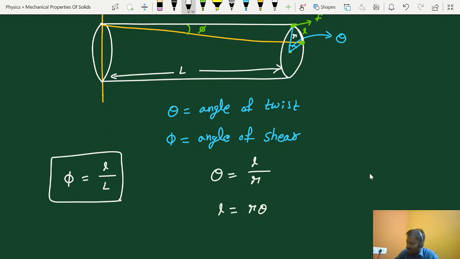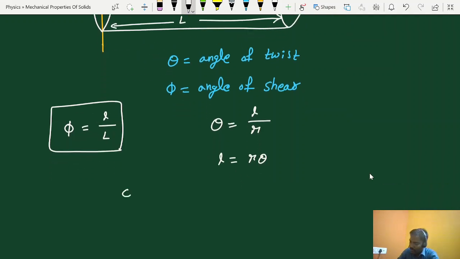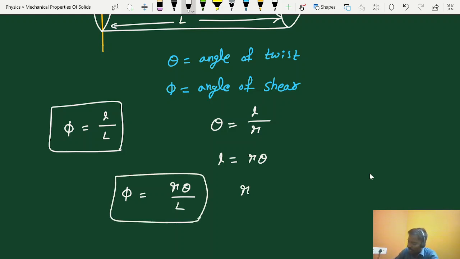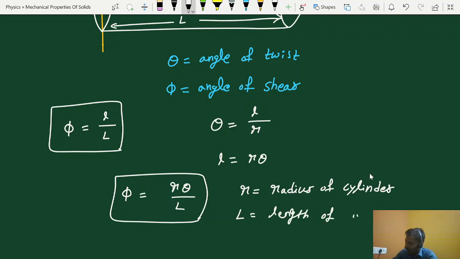Now you can eliminate the arc length to get the relation. So arc length is equal to r theta. So phi, angle of shear, is equal to r theta by capital L, where r is the radius of the cylinder or wire, L is the length of the rod or cylinder, phi is angle of shear, and theta is angle of twist.